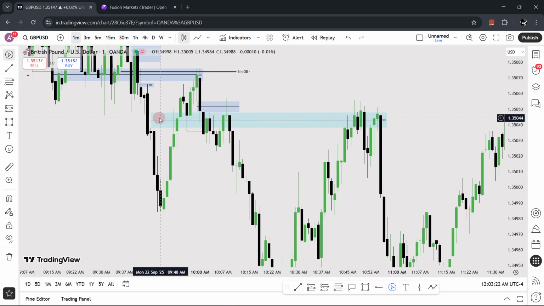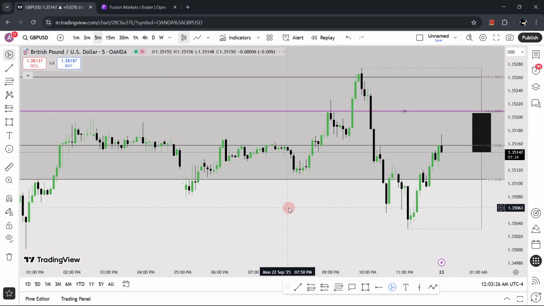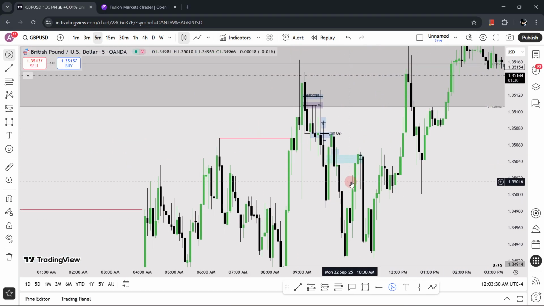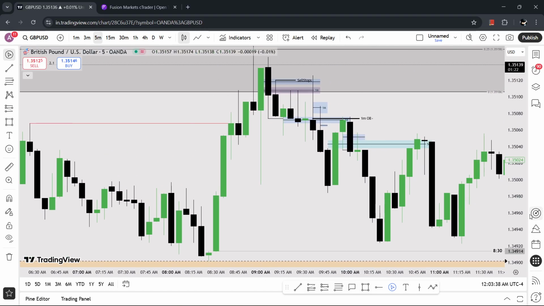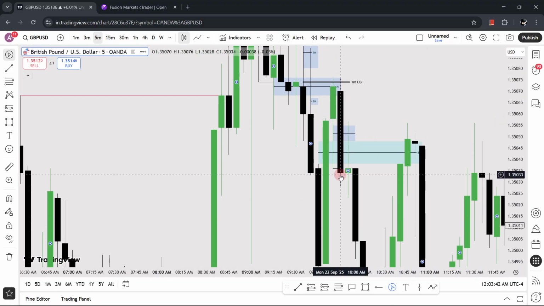Again, that 5 minute reclaimed. So when this 5 minute fair value gap was again inverted, it went below here, right? Again this black candle closed below this 5 minute fair value gap, right?